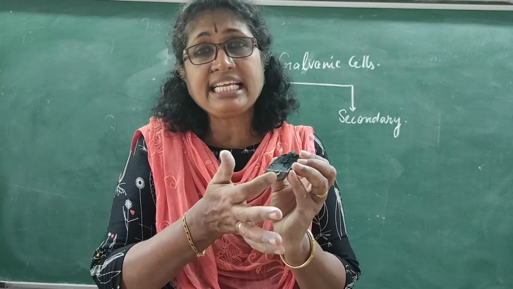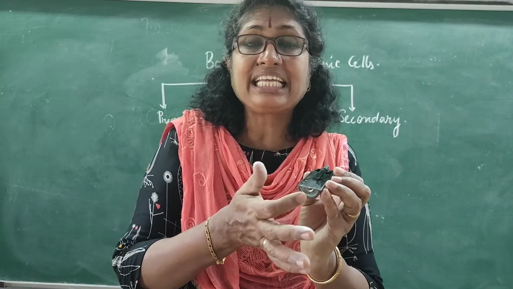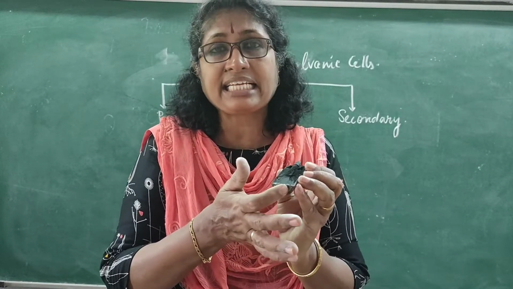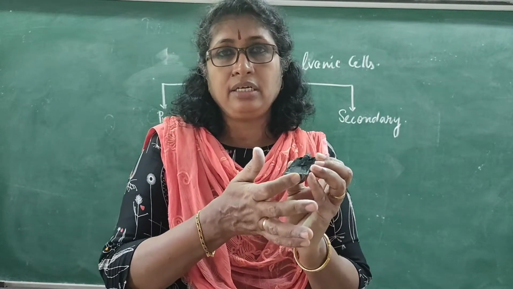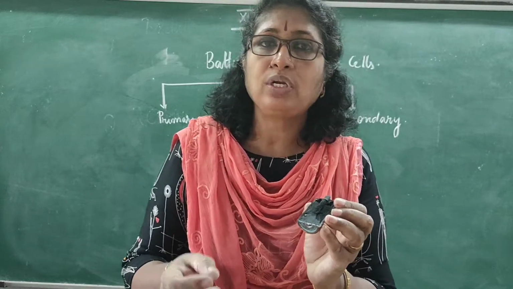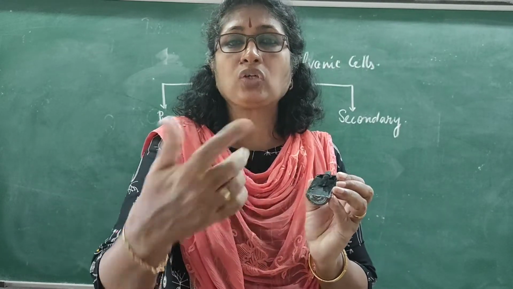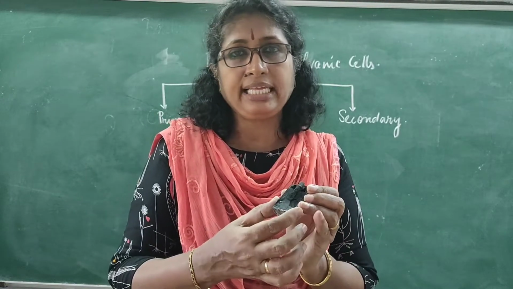The zinc can itself is working as the anode. And in an electrochemical cell, what is happening at the anode? Oxidation is taking place at the anode. So zinc will be oxidized to zinc ion at the anode.